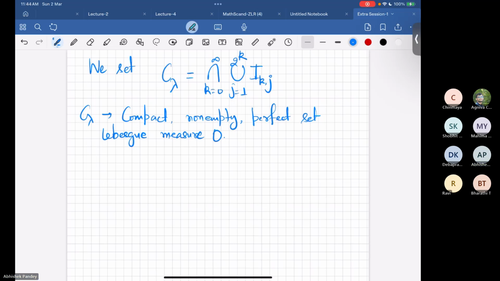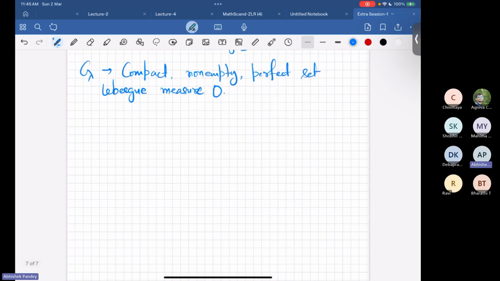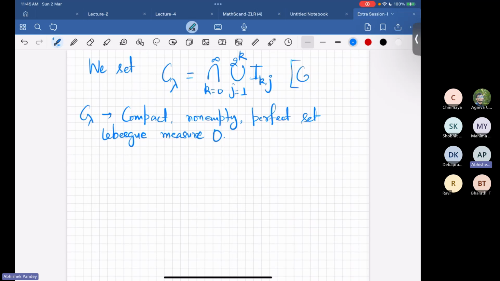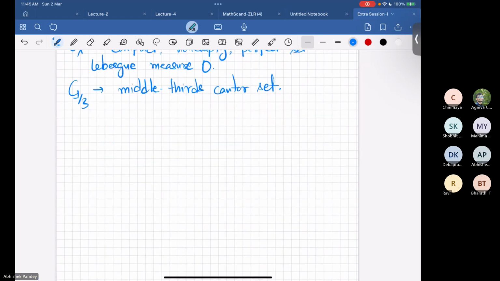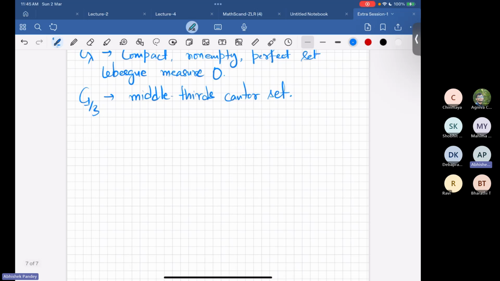Okay, so this is known as the in general Cantor set. C lambda is our Cantor set, and basically C 1 by 3 is our middle third Cantor set. Okay, so we'll now talk about its Hausdorff measure and dimension. So whether the construction is clear, I hope it will be clear to everyone.